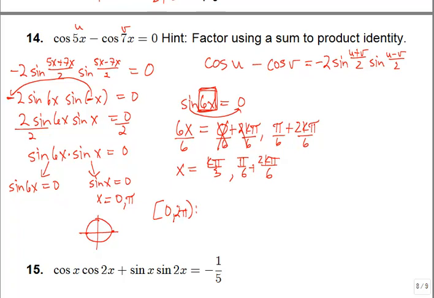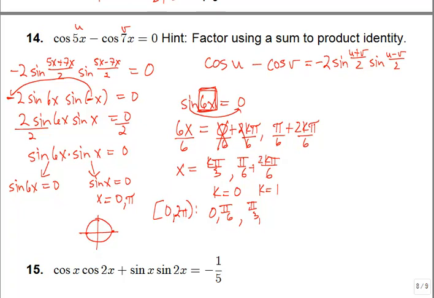So to figure those out, now what I do is I choose my different choices for k. Let's start by letting k be 0. If k is 0 in this first answer, then this whole thing goes to 0. If k is 0 here, all of this goes to 0 and I just get that pi over 6. Now let's let k be 1. If I let k be 1 here, I get pi over 3.